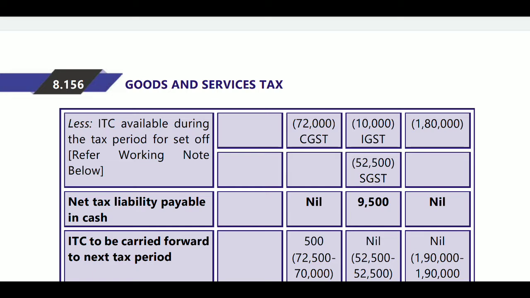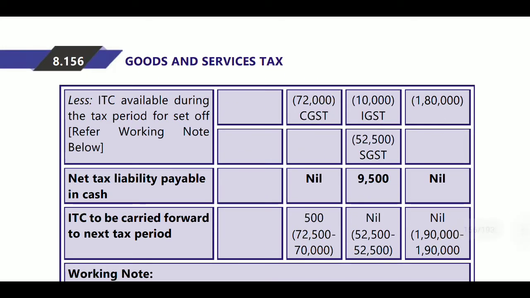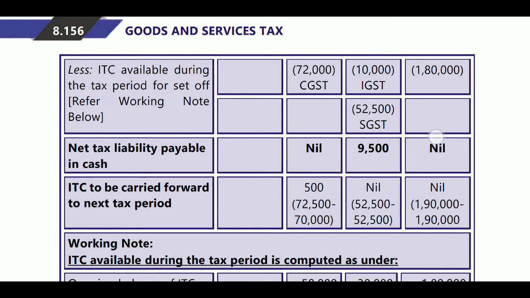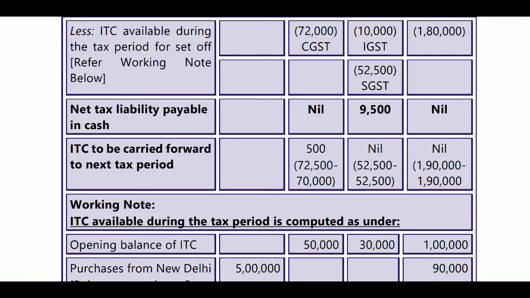After that, CGST is 72,000 and SGST is 52,500 will be utilized. Net tax liability payable in cash 9,500 will be payable as SGST, and ITC to be carried forward to the next tax period. How much can be carried forward? 500 will be allowable, and the remaining CGST, SGST will be nil.